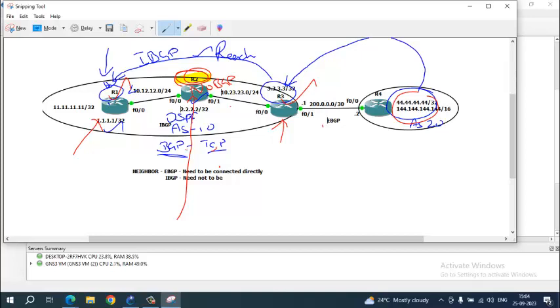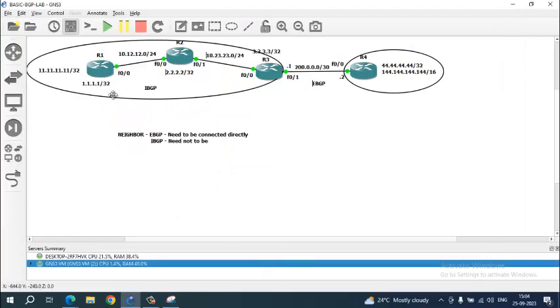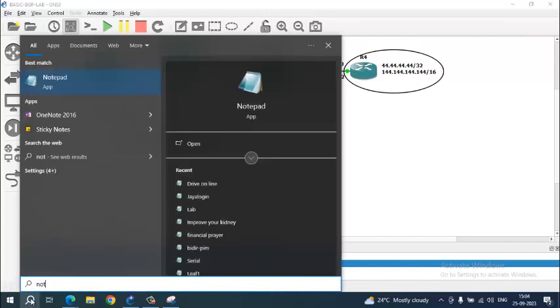So a lot of kilometers to drive. We have just begun our journey in BGP. Let us begin from the 0th kilometer. I'll start from R1, basic configuration.